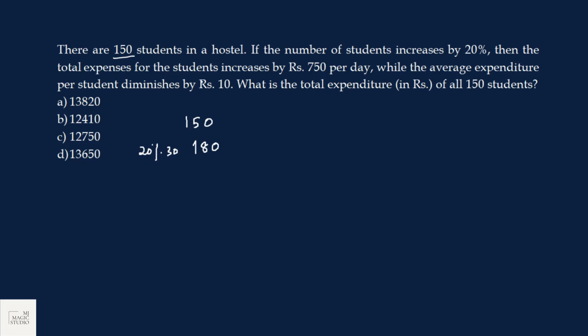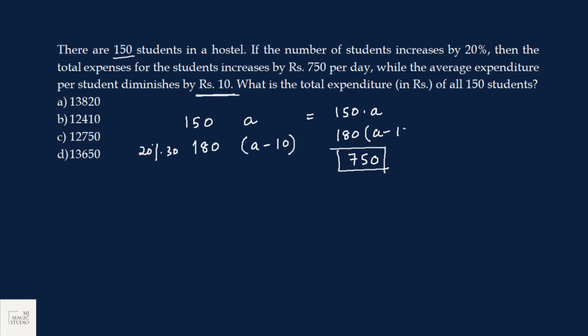Then the total expenses for the students increases by rupees 750 per day, while the average expenditure per student diminishes by rupees 10. Suppose initially average expenditure were A, new average expenditure is A minus 10. So initial expenditure were 150 times A, new expenditure are 180 into A minus 10.